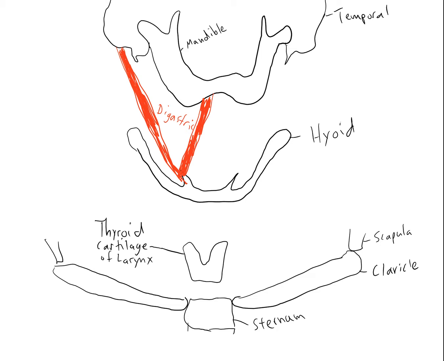And so you can see the digastric has two bellies, a posterior belly and an anterior belly. And so that's where its name comes from. Digastric means two bellies.